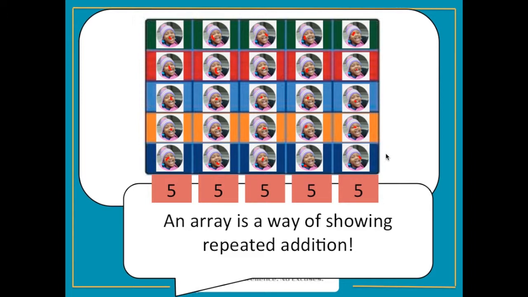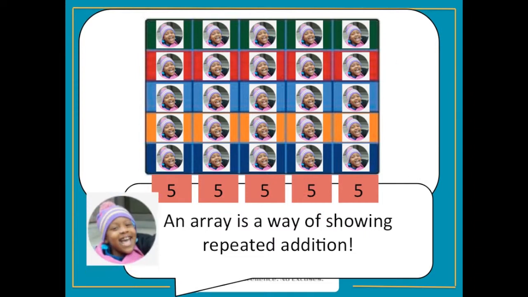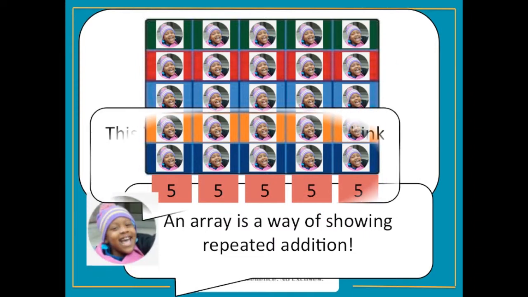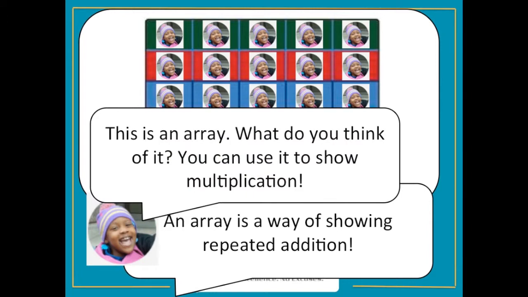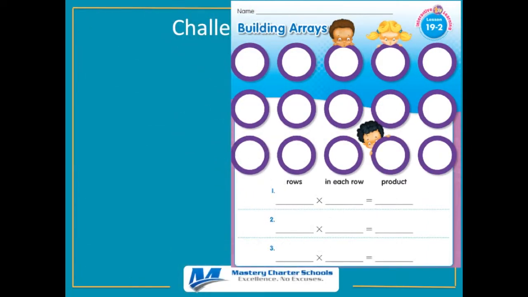So we've got 5, and then we've got 5 there, and then we've got 5 here. An array is just a simple way of showing repeated addition. So let's figure out what we've got. This is an array. You can use it to show multiplication.